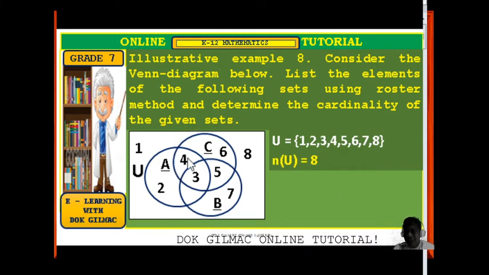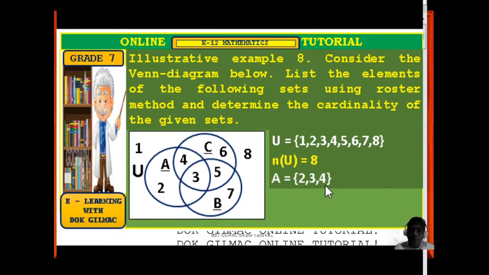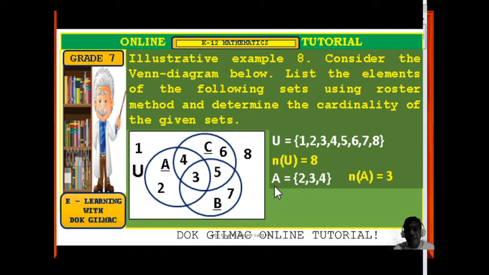Now, what are the elements of A here? This is our set A, this circle here. As you can see, we have 2, 3, and 4 to be the elements of A. What is n of A? That is simply equal to 3, since there are only 3 elements for A. Now, how about B? If we take a closer look at this circle here, we have 3, 5, and 7.